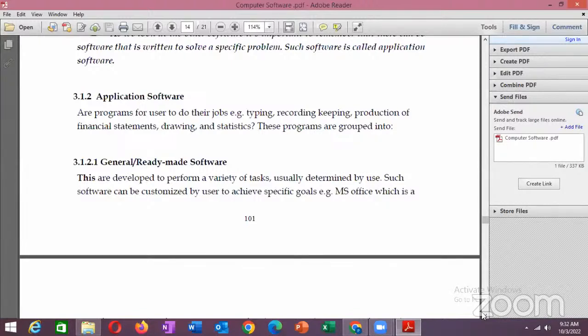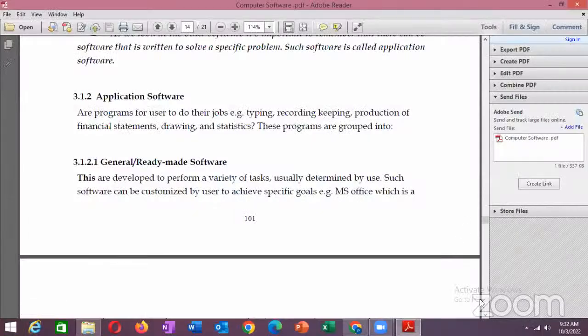Such software can be customized by users to achieve specific tasks, for example the MS Office, the one that we use for typing, and that's the normal Word. So these are the main ones, the general purpose, like the MS Office.